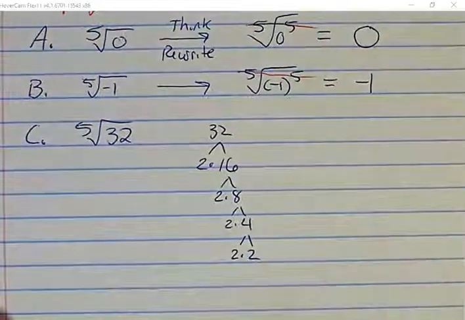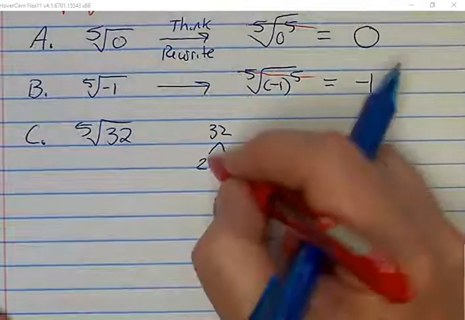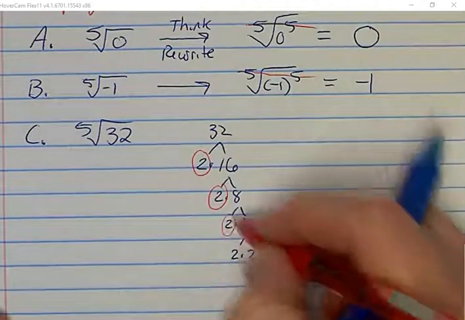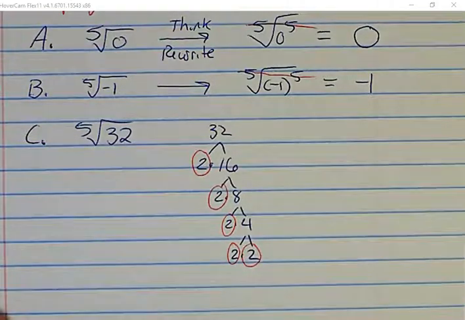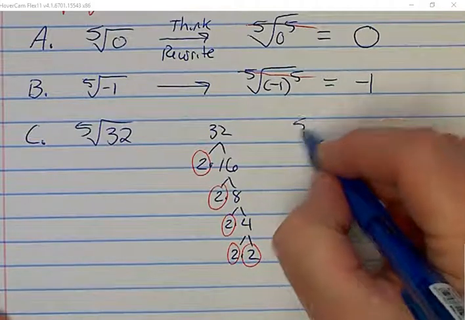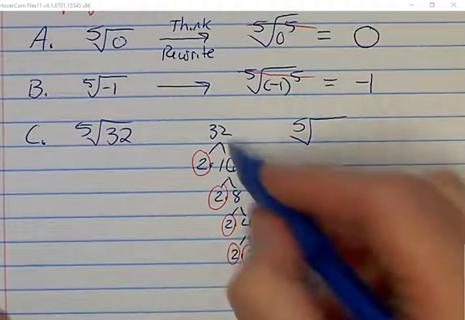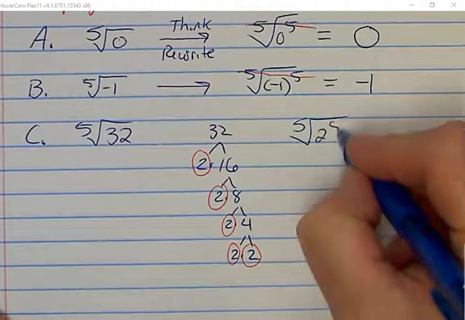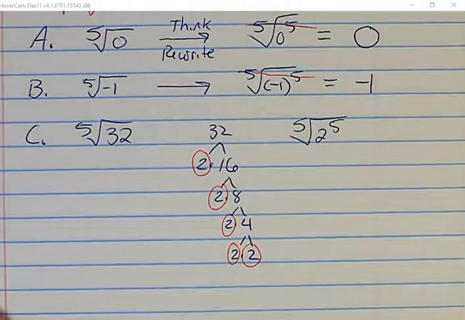So we take the 32 and break it down. 1, 2, 3, 4, 5. So 32 is the same thing as 2 to the fifth. So there we go, we can rewrite it as 2 to the fifth power.